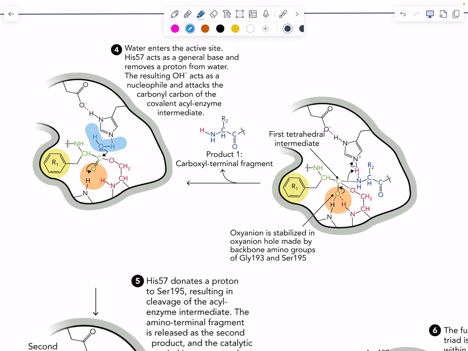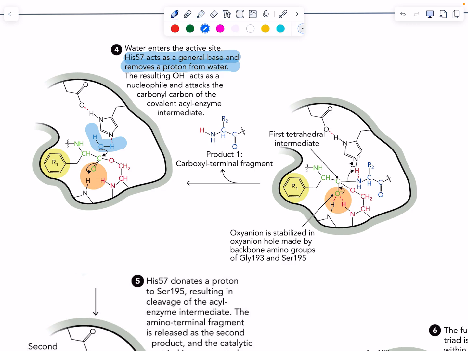And that water molecule is going to interact with that histidine. We thought that histidine was all regenerated in its final, ready for next catalytic cycle form. But when the water comes in and we still have that other half of the peptide there, the histidine again is going to act as a general base, and it's going to remove a proton from water.